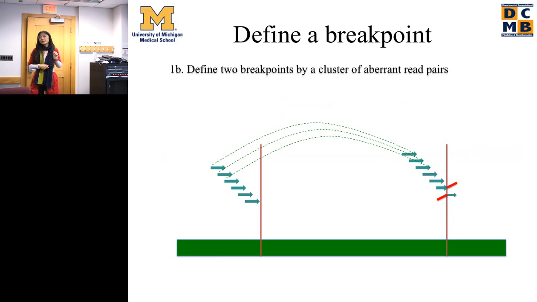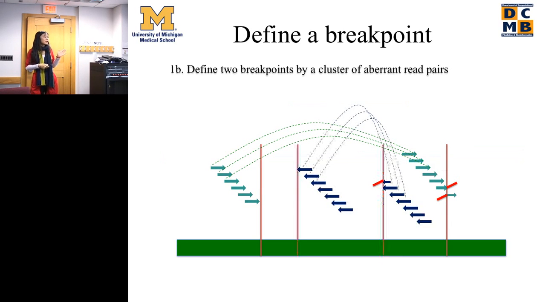The breakpoint has to be in front of the rightmost forward read if all the reads in the cluster are heading forward. And it also has to be at the very end of the leftmost read if a cluster consists of all reverse reads. Am I confusing anyone? Also, if we have several different clipped reads that are all clipped at the same position, we could also define a breakpoint there.